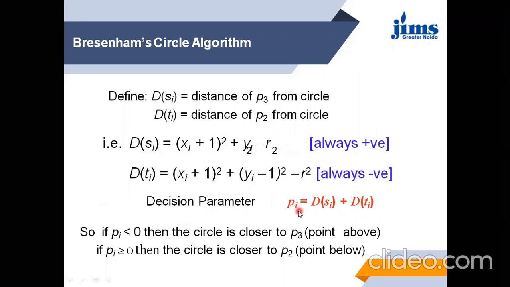And this is the decision parameter. It means we have to find out whether the value is below, meaning inside the circle, or outside the circle.